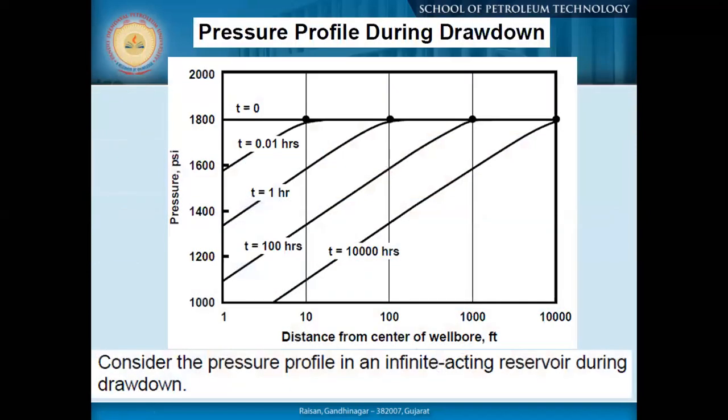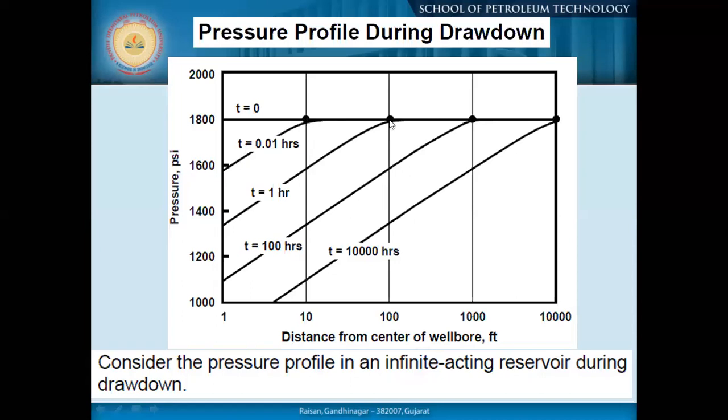Okay. So now what is happening? I'll just try to explain this again. What is the PD, or P at a specific time? So this is a well, and this is a distance from the center of the wellbore. Once you allow the well to flow, what is happening? You see at t1, time 0.0 hours, it is affecting up to this. That means the flow has reached up to this part.